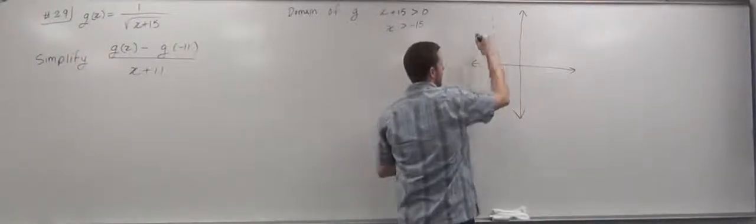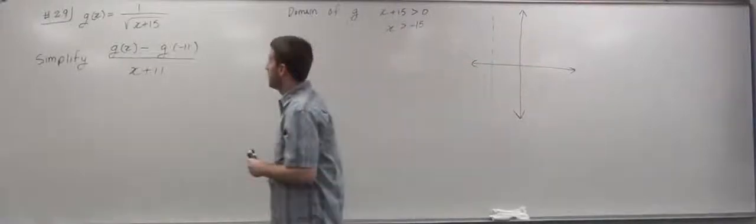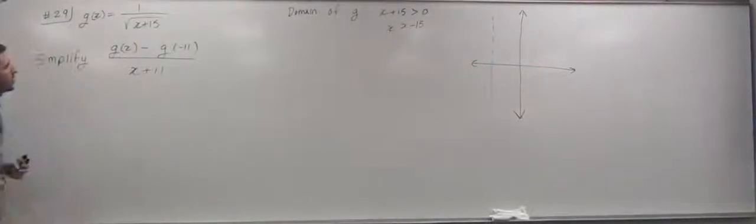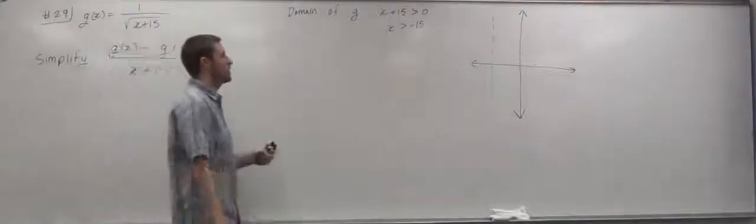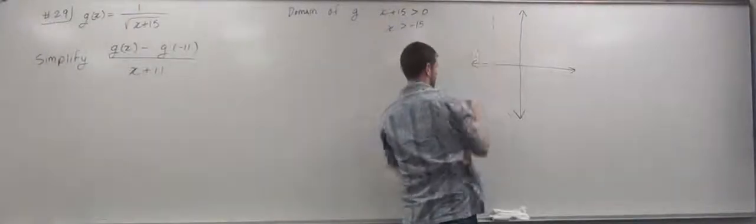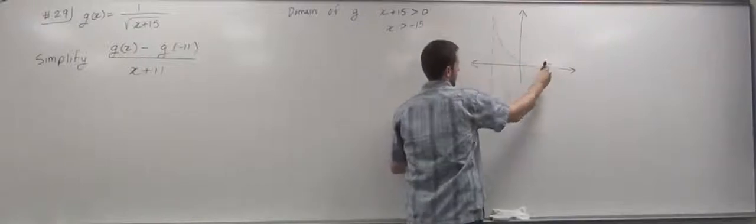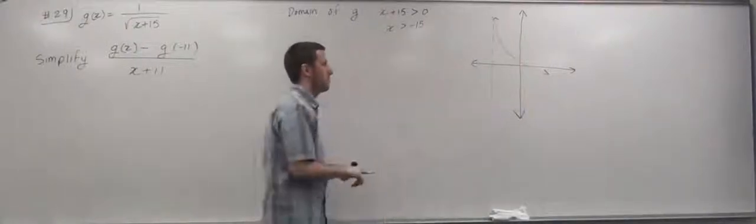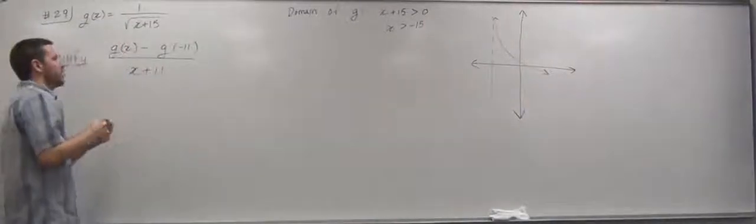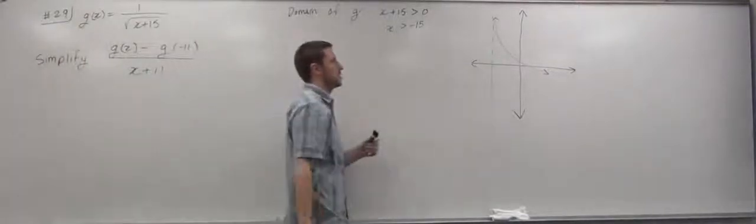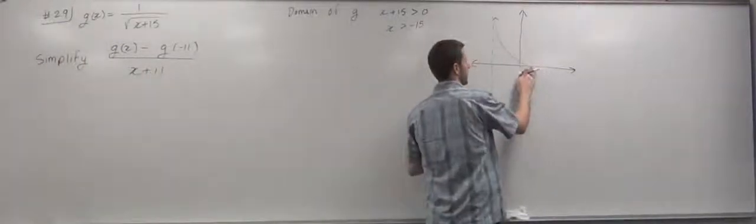So, I don't know, maybe the graph, make sure I understand what this graph does. It goes to positive infinity, so maybe it looks like this, just for a sketch. I don't know. It should have a horizontal asymptote at 0 actually, so probably.